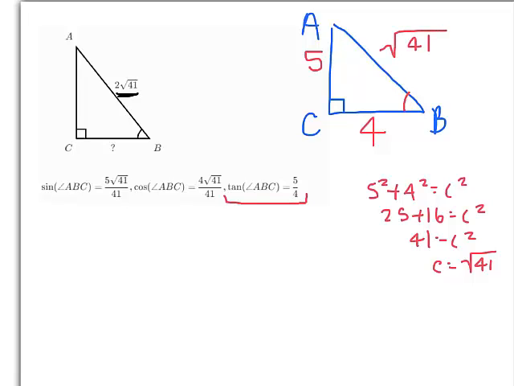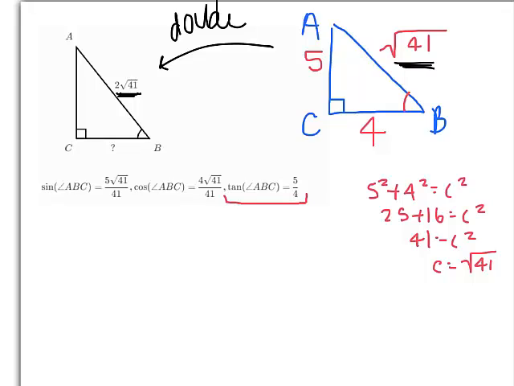Okay? If that was a little too fast for you, you can just ask your teacher and they'll go through it with you. Now, if I compare my hypotenuse to the hypotenuse given, root 41 compared to 2 root 41, you would agree that this triangle is double, right? 2 root 41 is double root 41, or times 2.